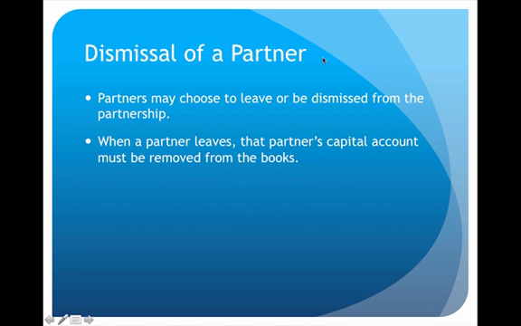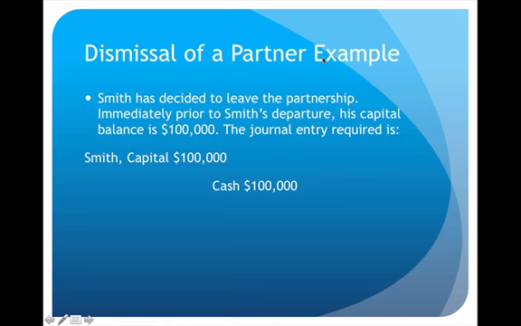Now, anytime a partner leaves, we actually have to remove that person's capital account. So if you look at this example of the dismissal of a partner, say that Smith has decided to leave the partnership. Well, when they leave, what we need to know is immediately prior to their departure, what their capital balance is.